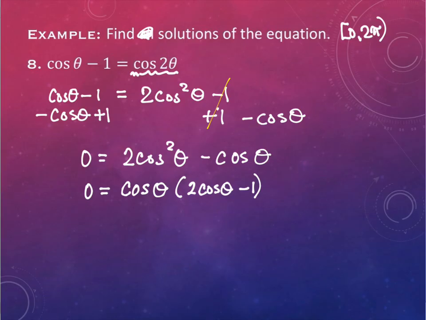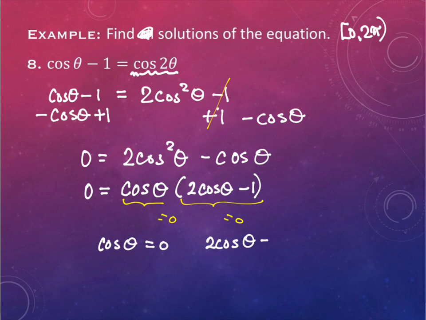All right, this again ends up having 2 pieces that I can set equal to 0. Okay, zero property of multiplication. So I'm looking for cosine of theta to equal 0, and I'm looking for 2 cosine of theta minus 1 to equal 0. One of them is already almost solved, right?